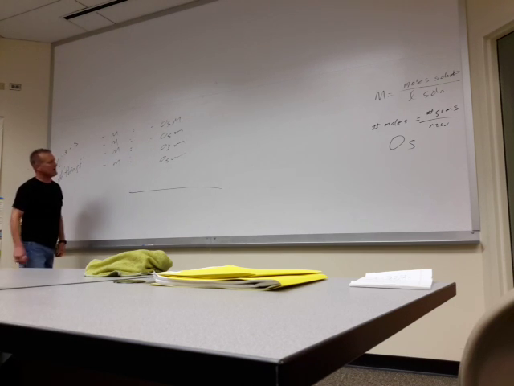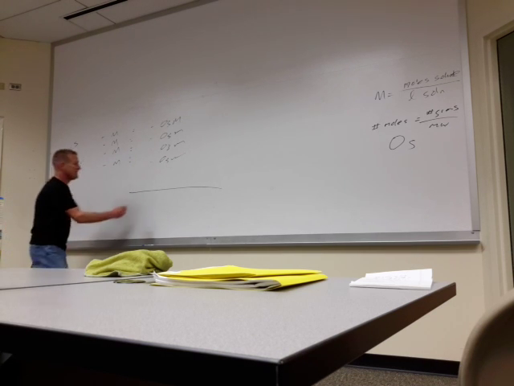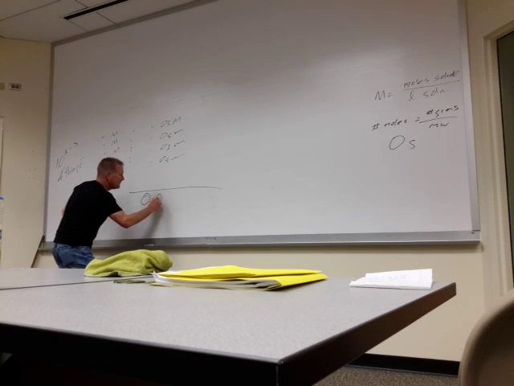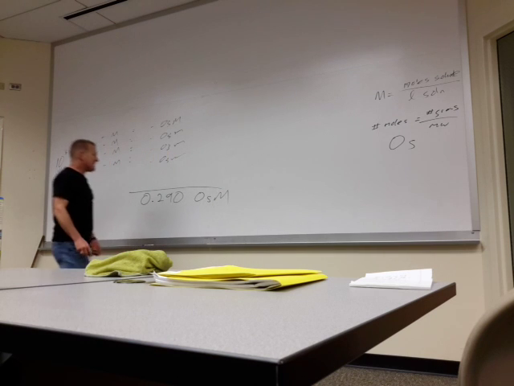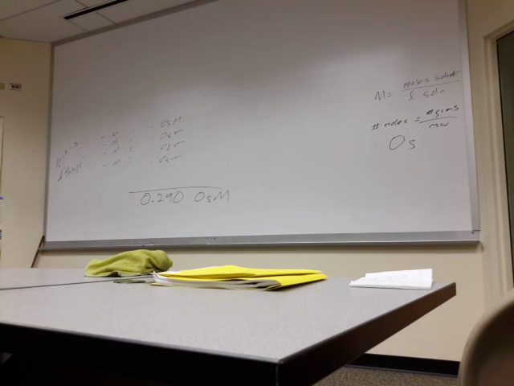They converted them all to osmolarity. When they added them all up, the answer was 0.290 osmoles. That is the concentration of our blood. So even with everything in there, it's still a tiny, tiny, tiny number.